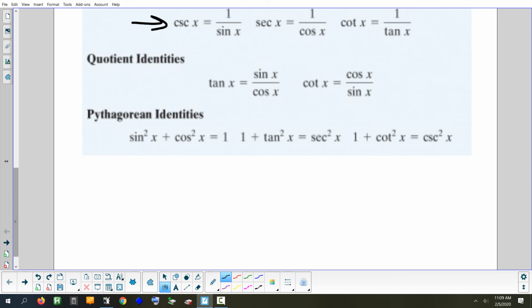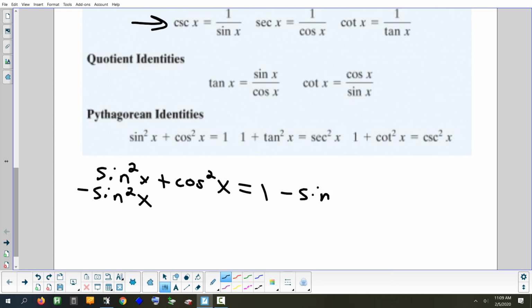Now, with these identities, you might see them rearranged. I'm going to take this one: sine squared plus cosine squared equals 1. I'm going to show you how you can write it differently, but it's still the same identity. I'm going to subtract sine squared from the left and from the right.